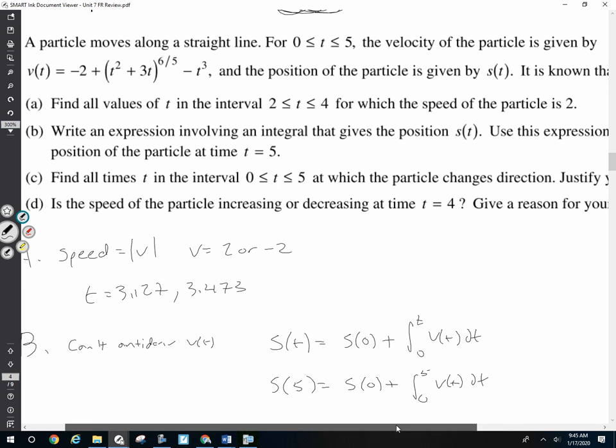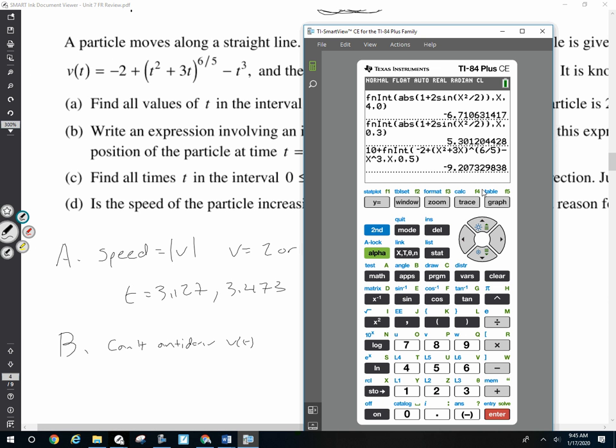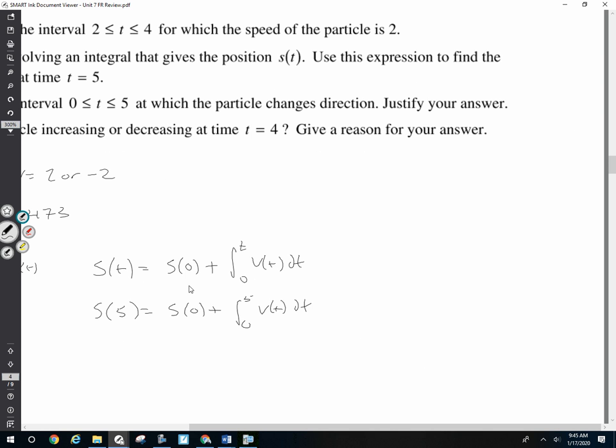Negative 9.207. Let's see if I typed everything correctly. Negative 2 plus x squared plus 3x to the 6/5 minus x cubed with respect to x from 0 to 5. And I added 10, and I get negative 9.207.